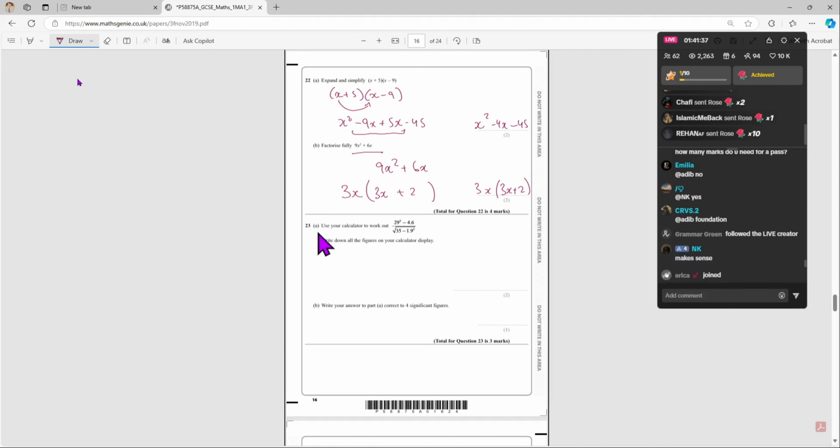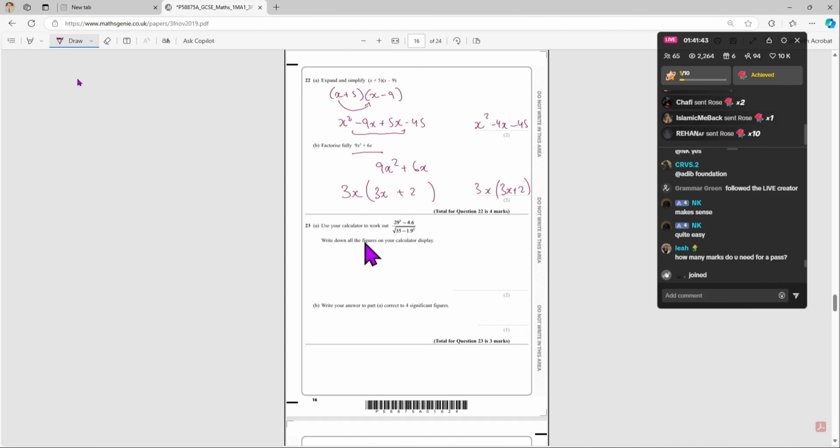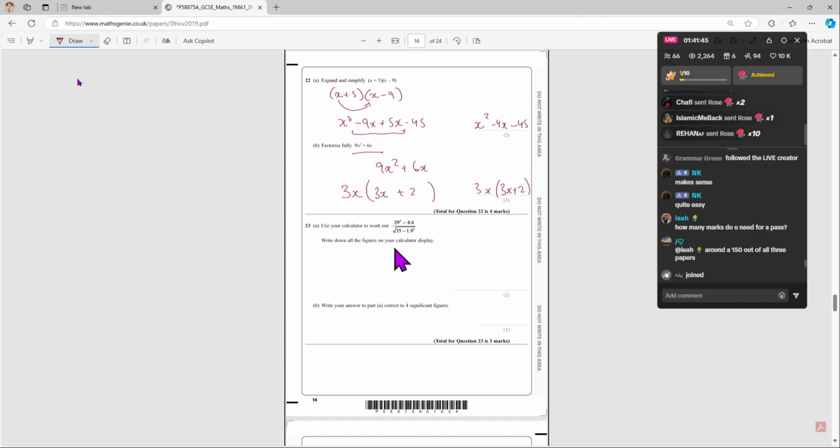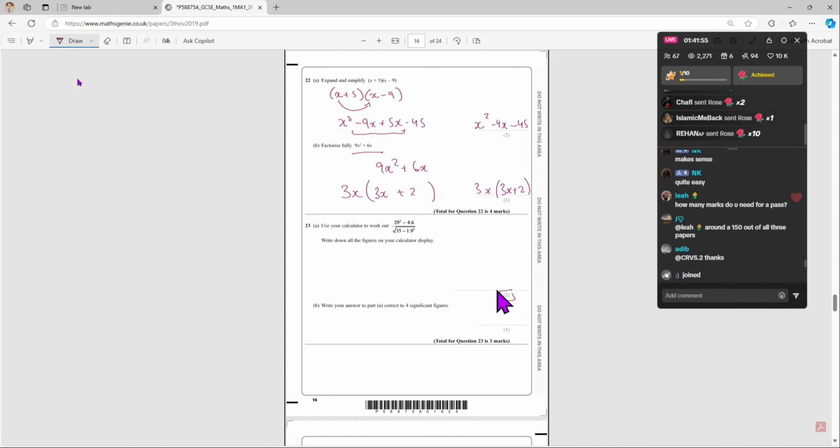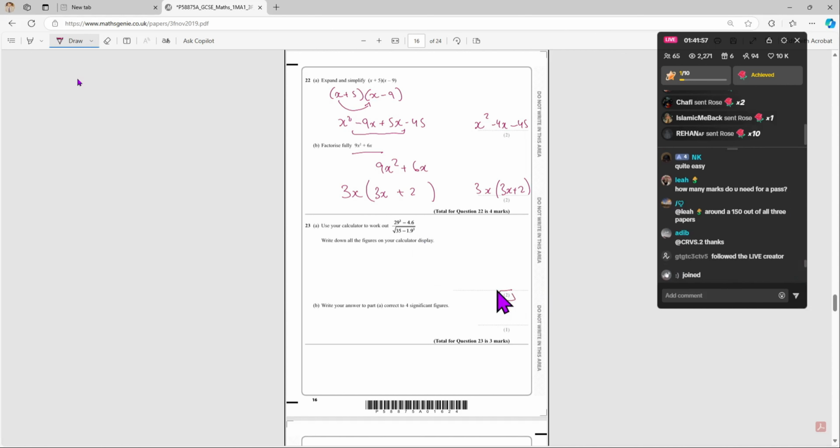Now, question number 23. Use your calculator to work out this. Write down all the figures you see on your calculator display. I am not going to lie, this is the easiest question you could ever get.